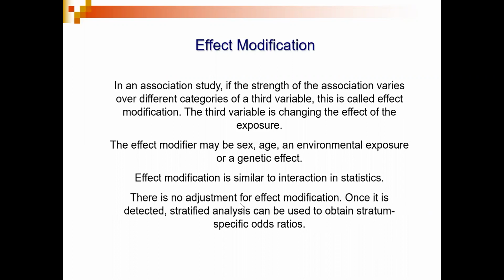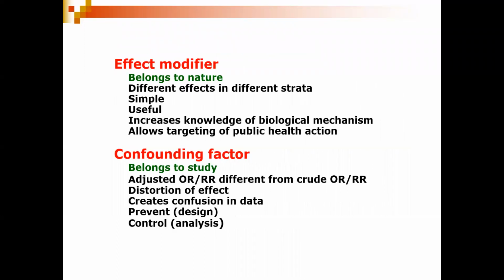In most cases, there is no adjustment for effect modification. Once we detect it, what do we do? We do our stratified analysis, where we obtain stratum-specific odds ratios, and we report the odds ratio we get for every stratum, because they are different, like in the example below for leukemia and sex.